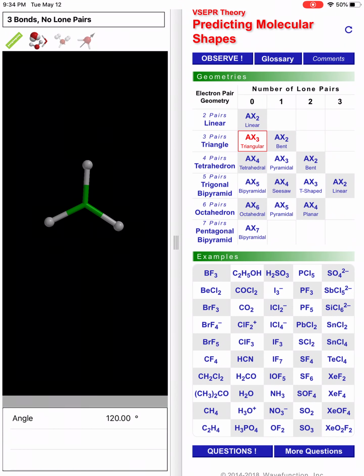So this is what it looked like when you had 4 atoms, but now let's remove one of the atoms and replace it with a lone pair of electrons. So now this is what you have. Now if you look at it like this, obviously that is not symmetrical.